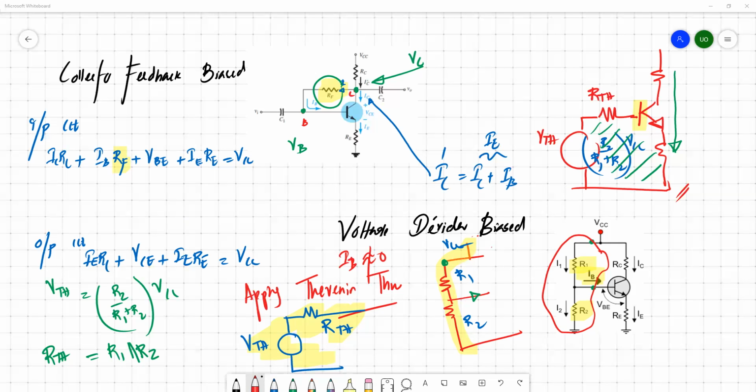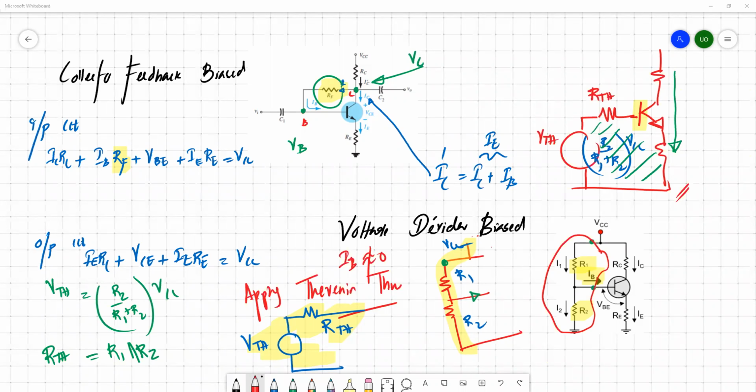So then, depending on the requirement and the easiness, you can stick into whatever biasing circuit, and based on this biasing circuit you can evaluate the DC load lines.